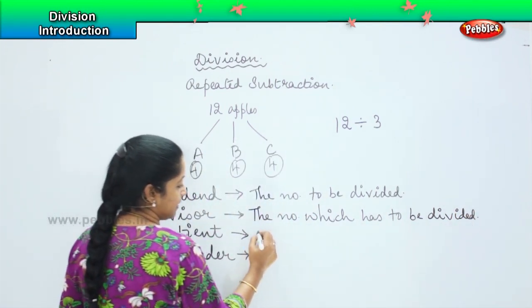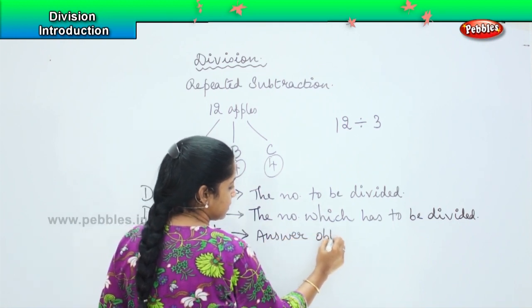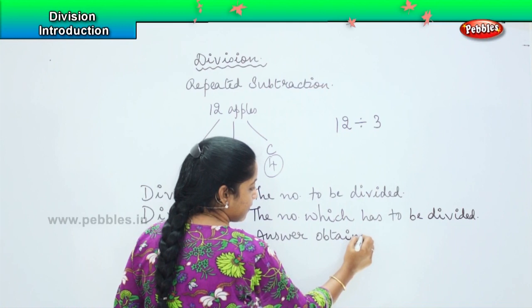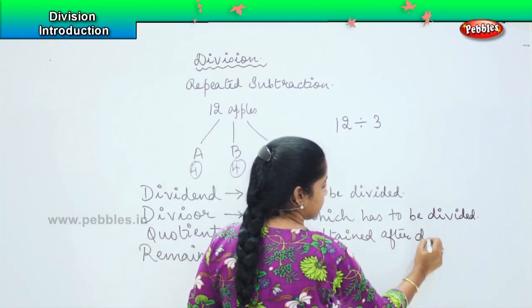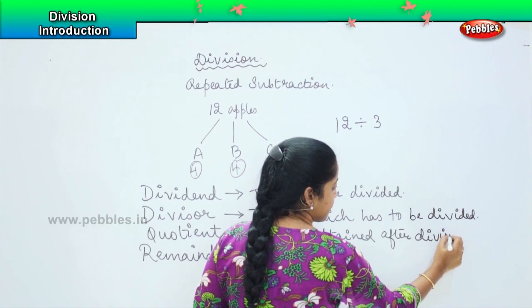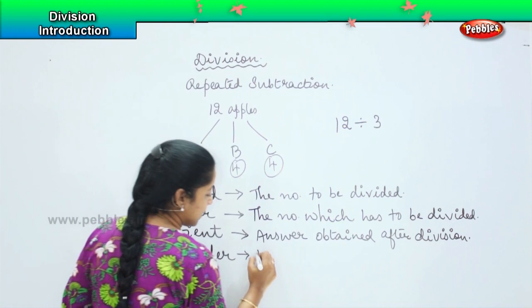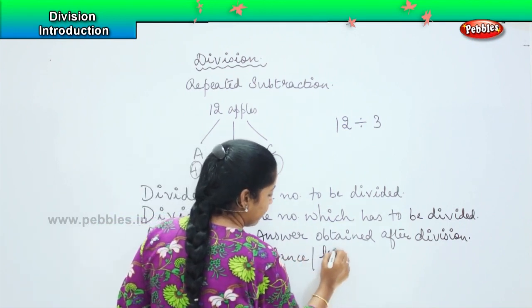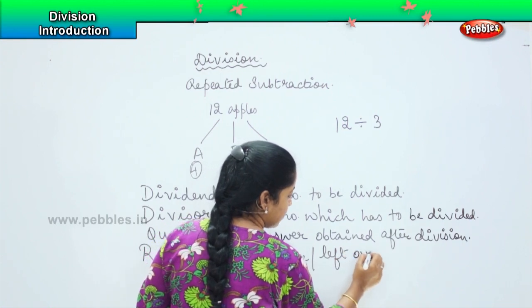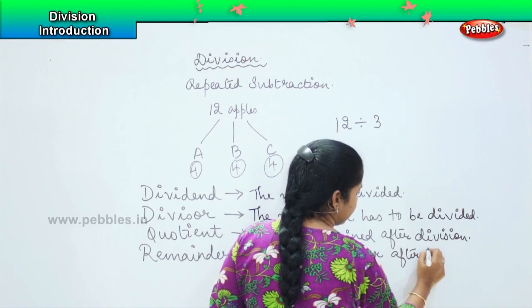Quotient is the answer obtained after division. And remainder is the balance or leftover after division.